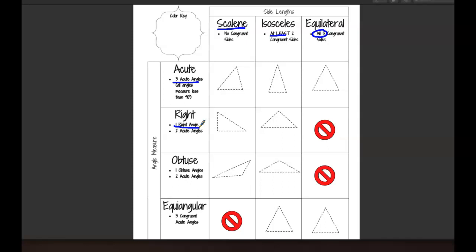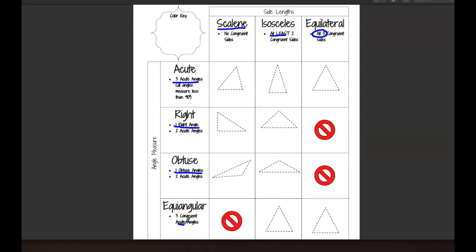An obtuse triangle has one obtuse angle, or one angle that is greater than 90 degrees, and then the other two are acute. And an equiangular triangle has all three angles equal, and they are all three acute.